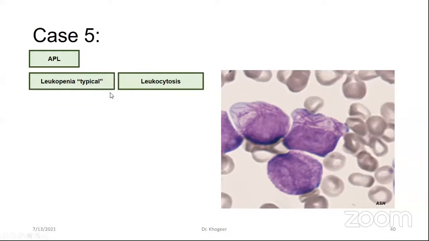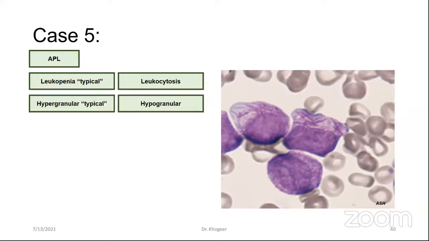However, some cases can present with leukocytosis, especially in the microgranular variant. It can be subdivided into two morphological features: hypergranular, which is typical, and hypogranular, a microgranular variant or variant APL.